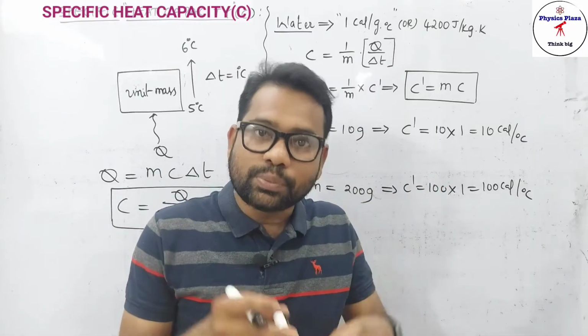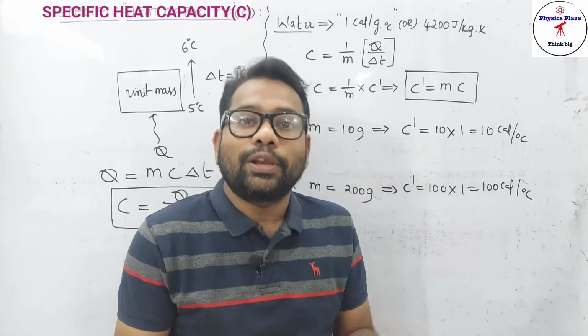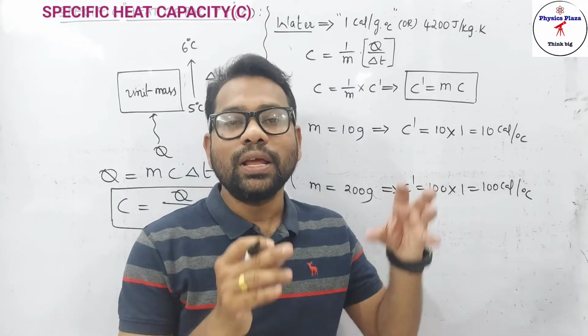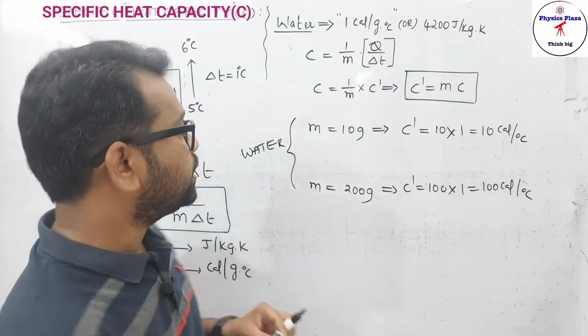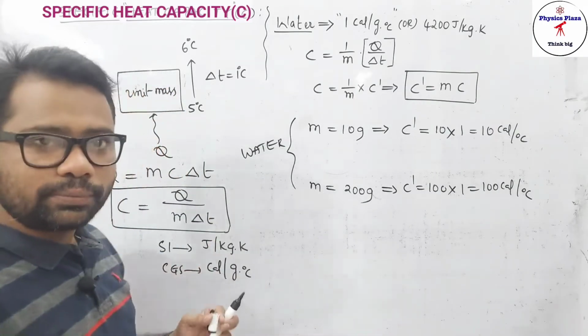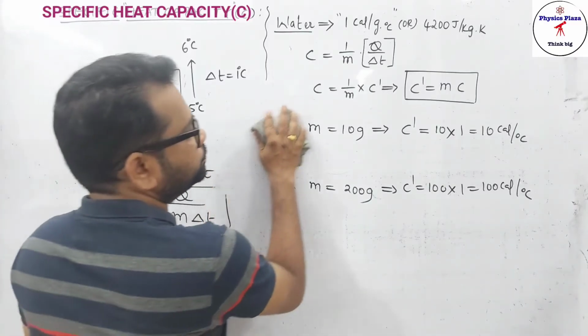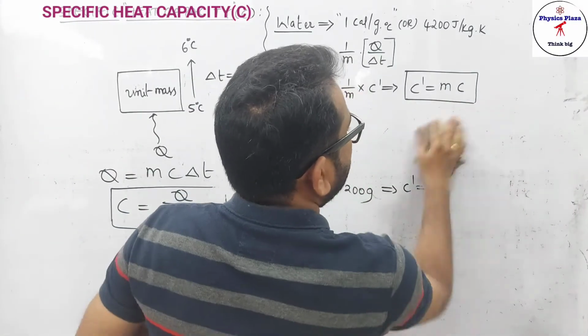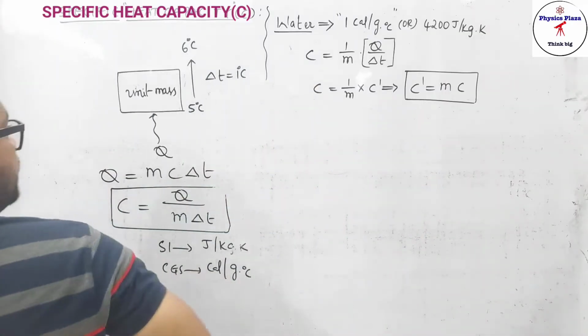That means the same substance, if it has different masses, will have different values of thermal capacity or heat capacity. Clear? Fine. And here are two more important points. Hope it is copied, children. Just copy it. So this is how specific heat capacity and heat capacity are related.